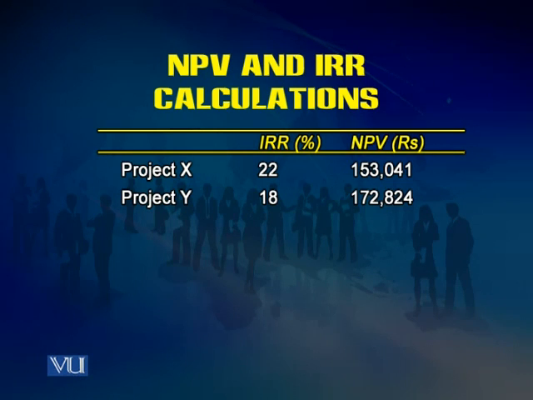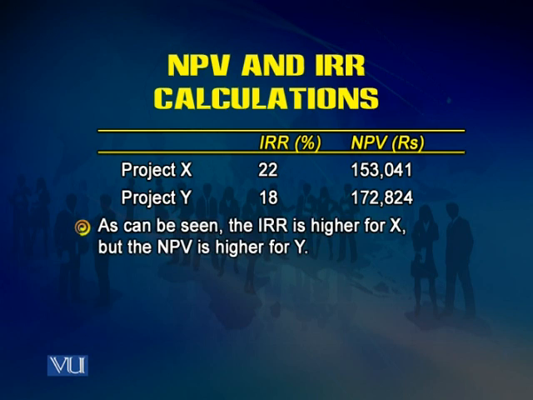So, project X has the higher IRR. When we look at the NPVs of the 2 projects, X is 153,041 and Y is 172,824. So according to NPV, project Y has the higher NPV.